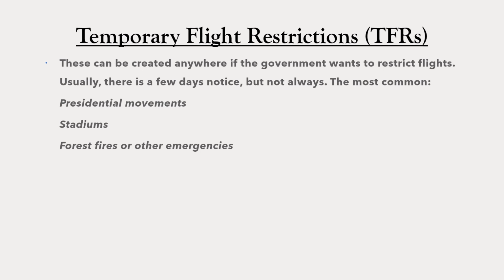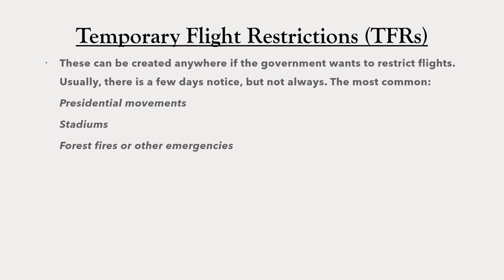Usually it's something that isn't continuously happening. It's a special thing. One of the common types is presidential movements. When the president or vice president visit our area, there will be a big radius around wherever they are that you're not allowed to go flying.